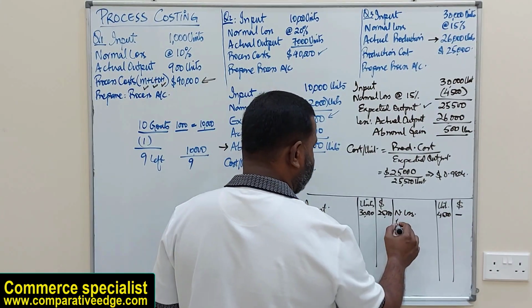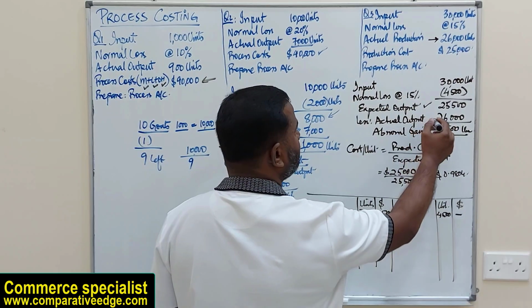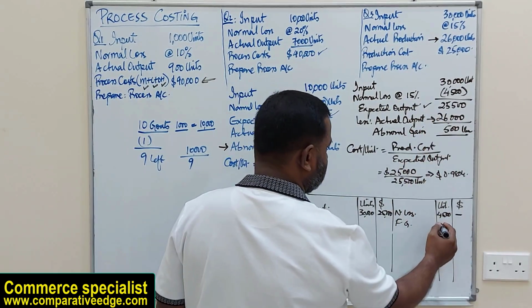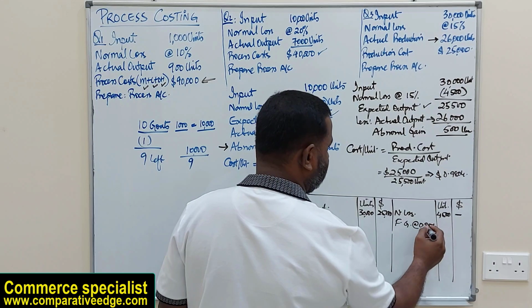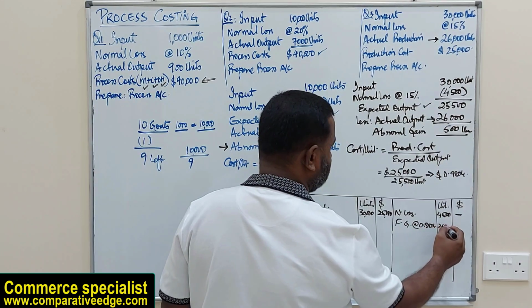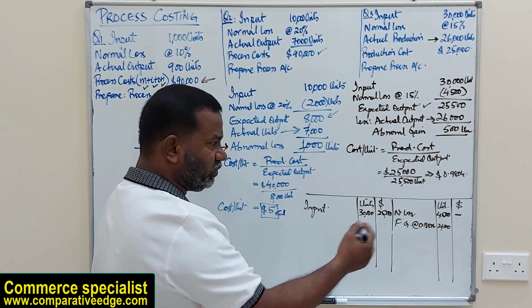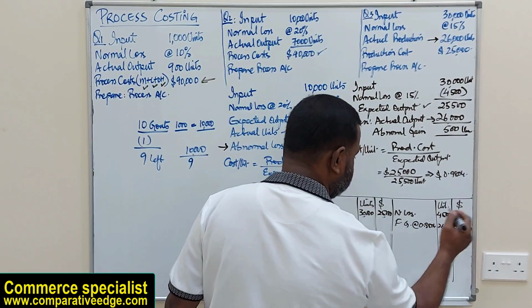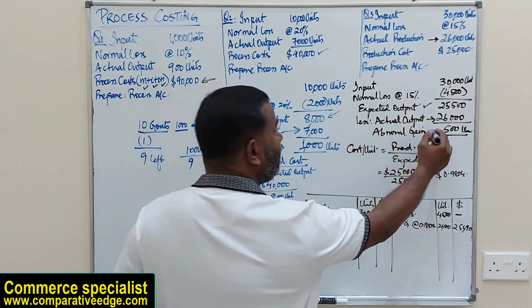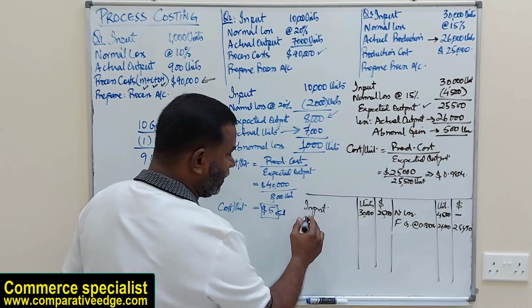Our finished goods, which are actual output, is 26,000. So these are at the rate of 0.9804. When you multiply 26,000 by this, you will get 25,490. Abnormal gain which you have will be recorded on the debit side.